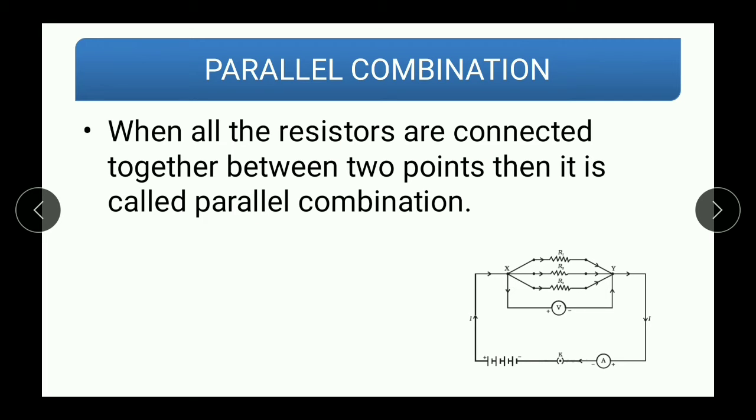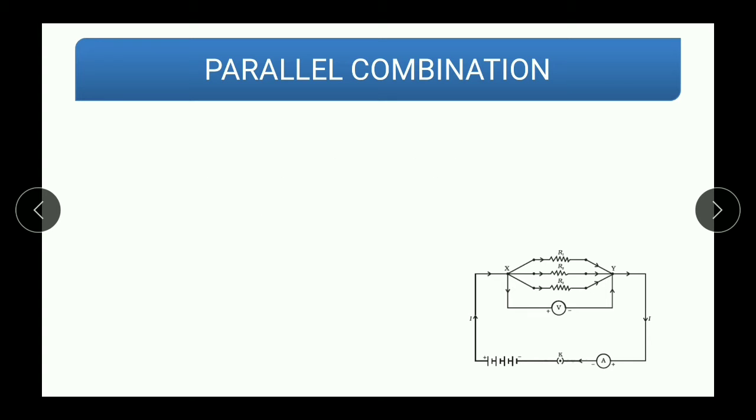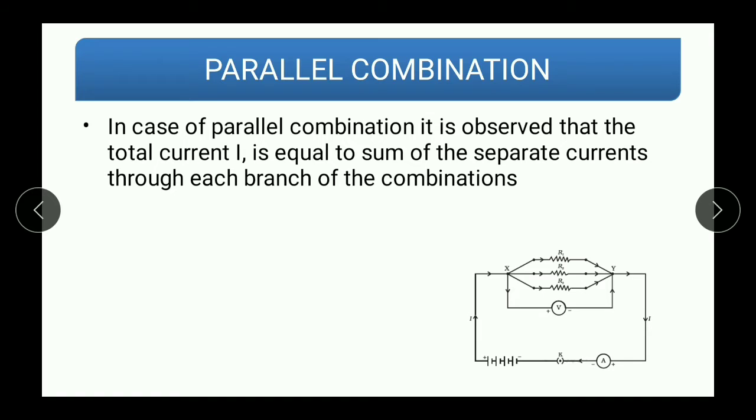Now it's time to derive the equivalent resistance, and while deriving we have to consider a few things. In case of parallel combination, it is observed that the total current is equal to the sum of separate currents through each branch of the combination. So if there are 3 resistors, 3 different amounts of current are going to flow through these resistors.